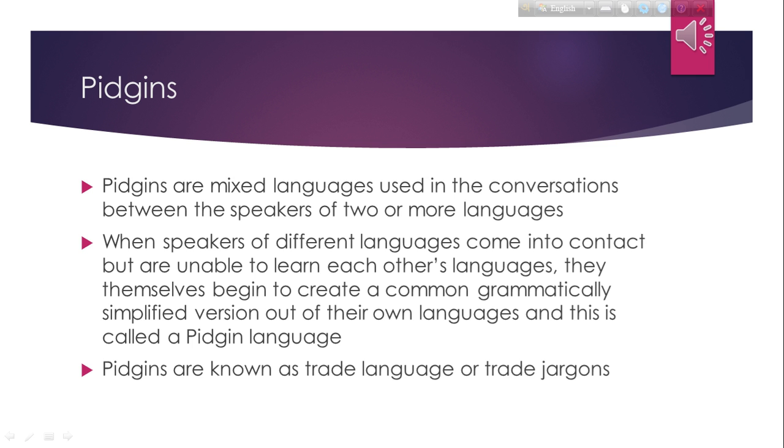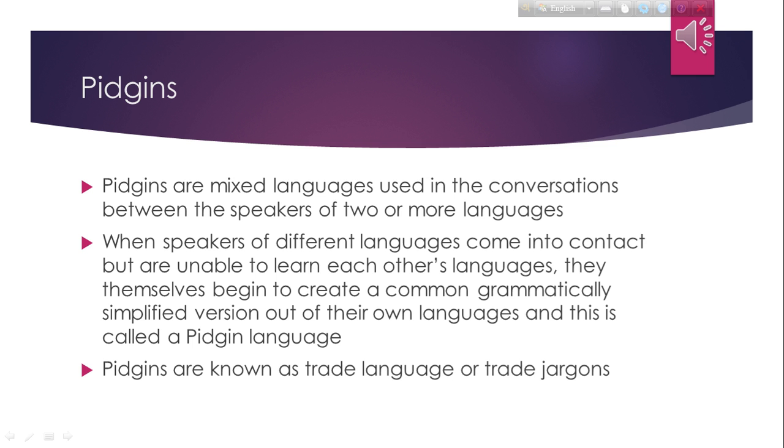When speakers of different languages come into contact with each other and are unable to learn each other's languages, they themselves begin to create a common grammatically simplified version out of their own languages, and this is called a pidgin language. The process of creating a pidgin is called pidginization.